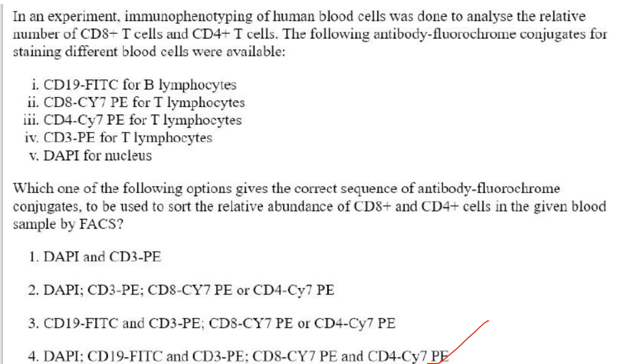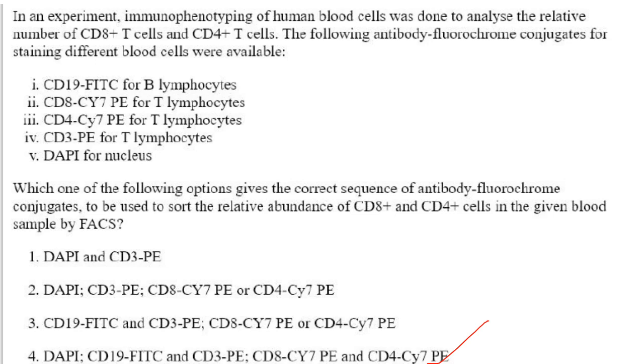Next, you have to stain with CD19 FITC, that is for B lymphocytes, and CD3PE for T lymphocytes. Of these, CD19 is a marker for B lymphocytes and CD3 is a marker for T lymphocytes. FITC and PE are different fluorochromes to label these antibodies respectively.